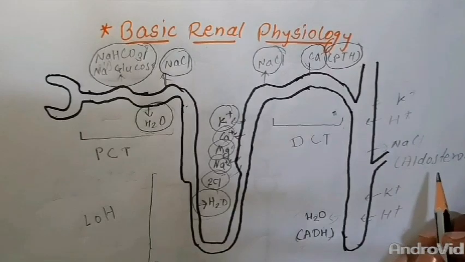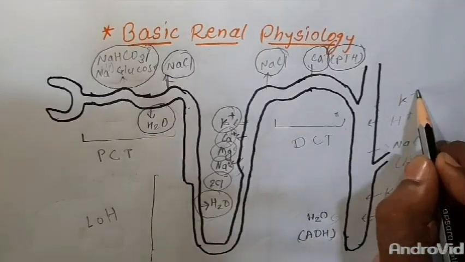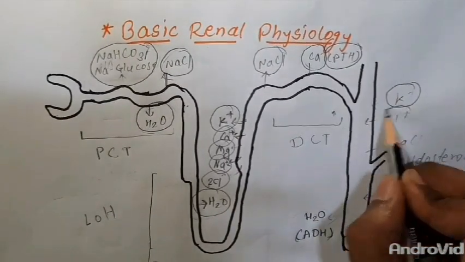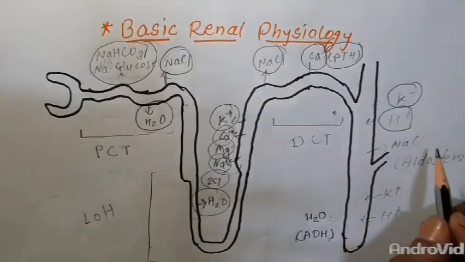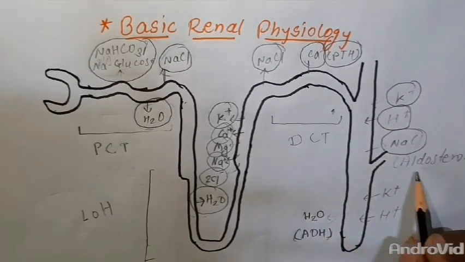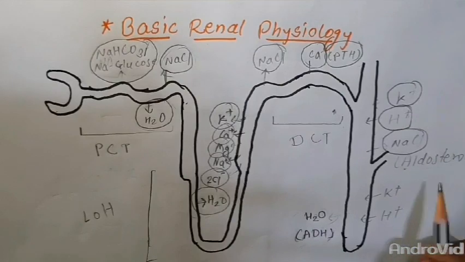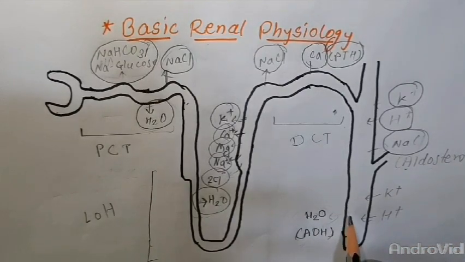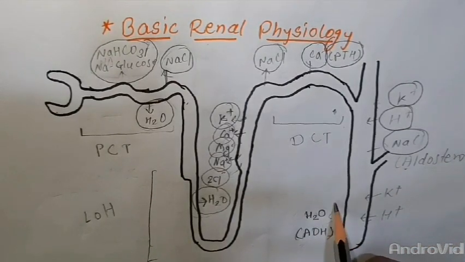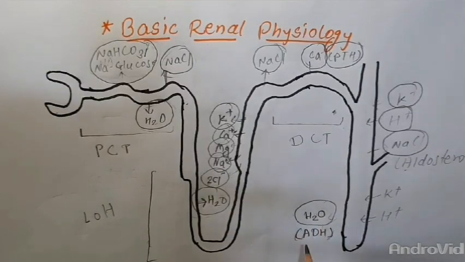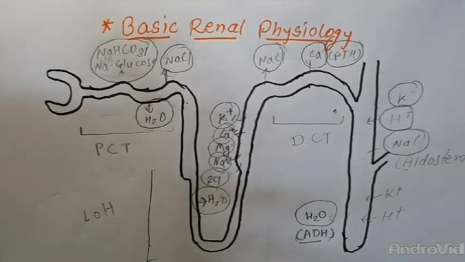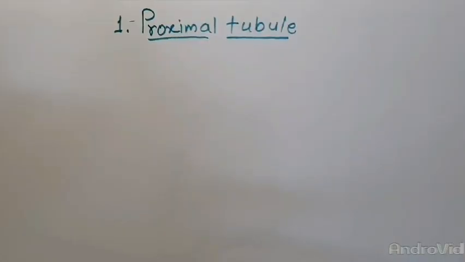And from the collecting duct, the secretion of potassium ion and hydrogen ion takes place. The reabsorption of NaCl takes place with the help of aldosterone, and the reabsorption of H2O takes place with the help of ADH hormone.